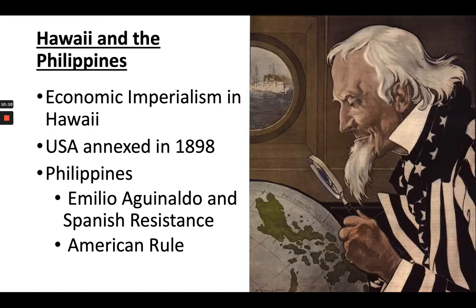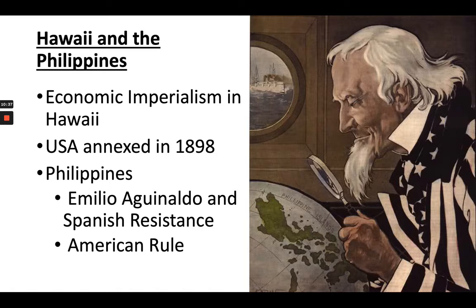So in the Philippines, you will see that there's already been some unrest. Emilio Aguinaldo had led an uprising against the Spanish in 1898, and he very well might have succeeded in establishing a republic if it didn't have anything to do with the fact that the United States took over the Philippines.